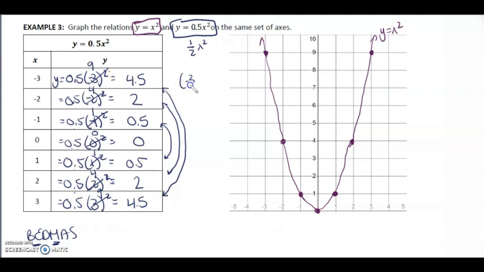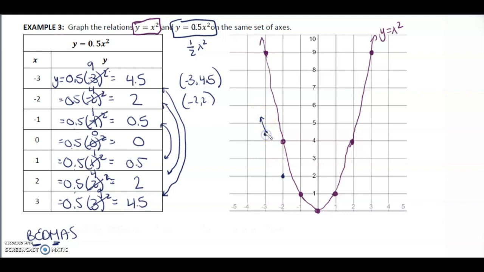And now we can plot -3, 4.5. Now, -2, 2 is here.